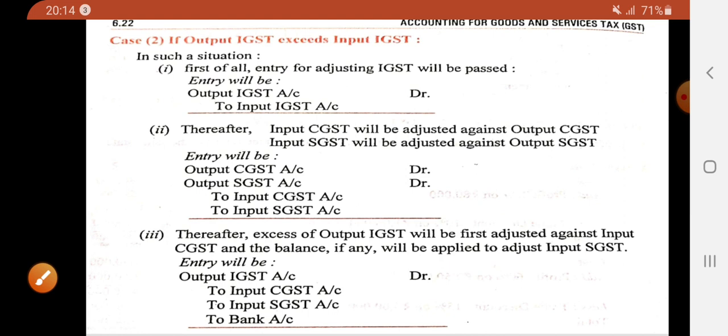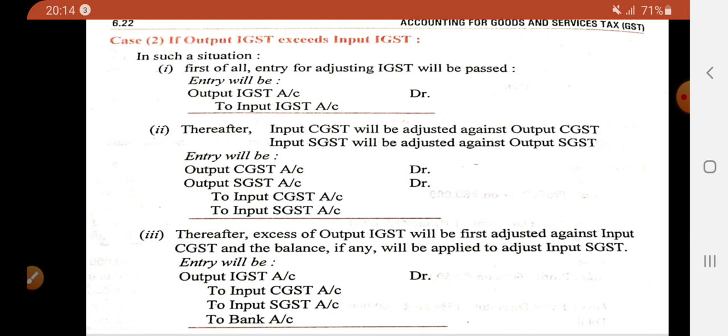Thereafter, the excess of output IGST will be first adjusted against input CGST, and the balance, if any, will be applied to input SGST. The entry will be output IGST account debit to input CGST, input SGST, and bank account.